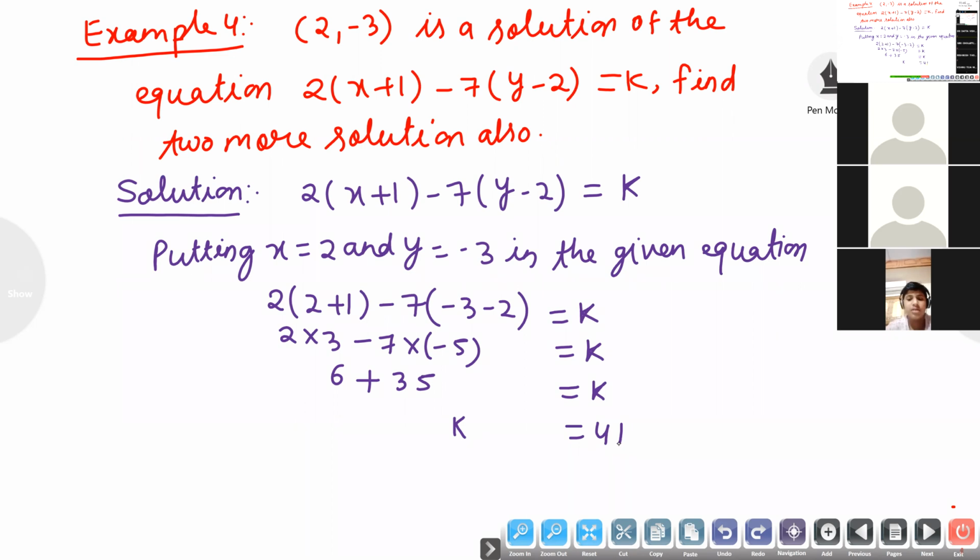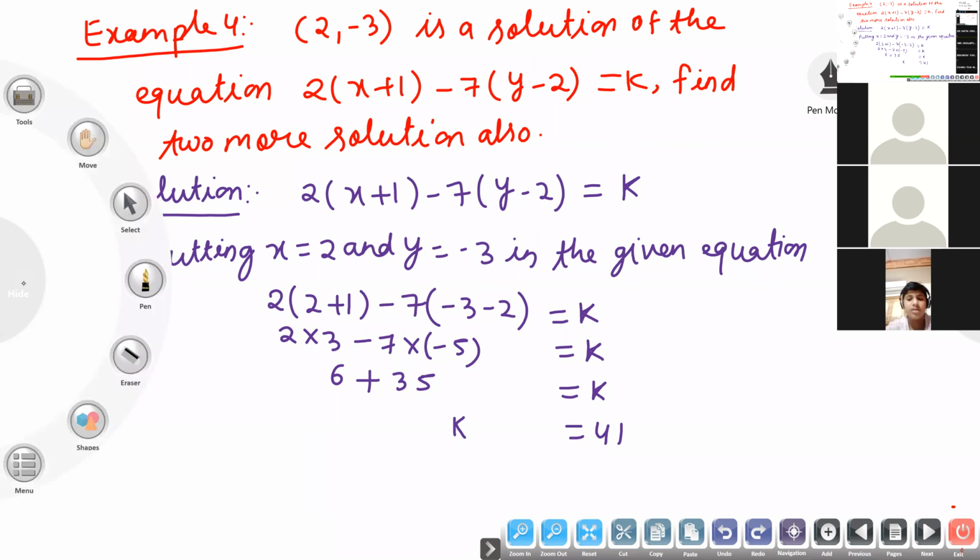Now, what is the equation now? In the place of k, I will substitute 41.